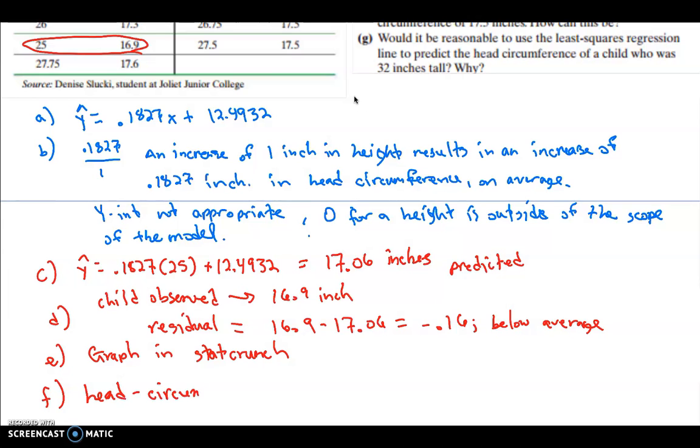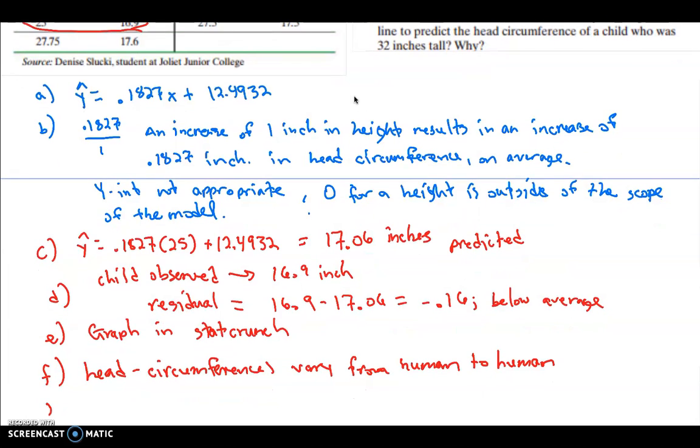Head circumferences vary from human to human. Humans have so many variables. So we'll just say that head circumference varies. So even though they're the same height does not necessarily imply that they're going to have the exact same head circumference. Hopefully that one just logically makes sense.